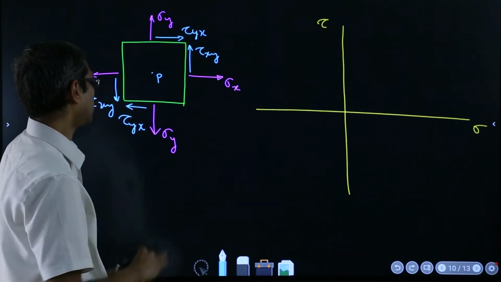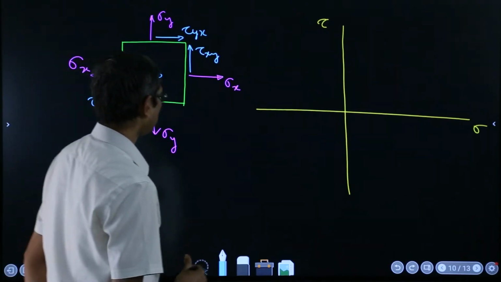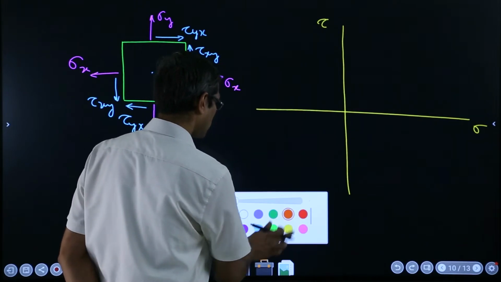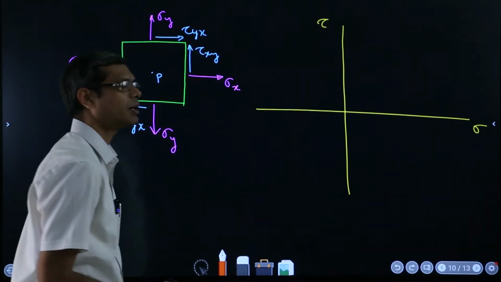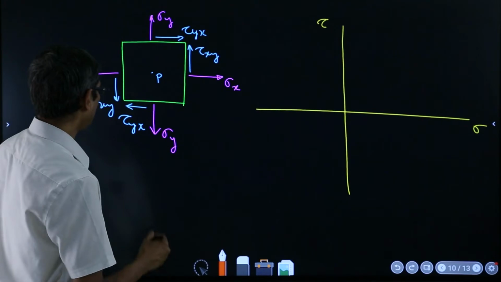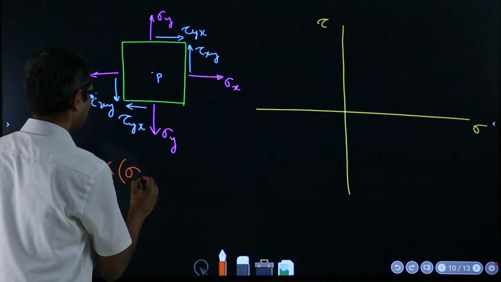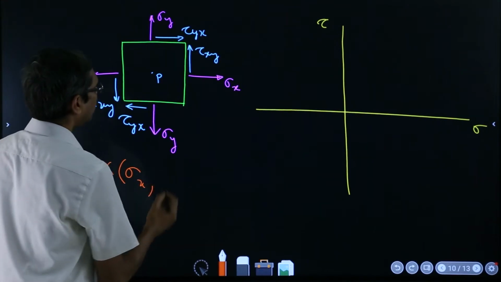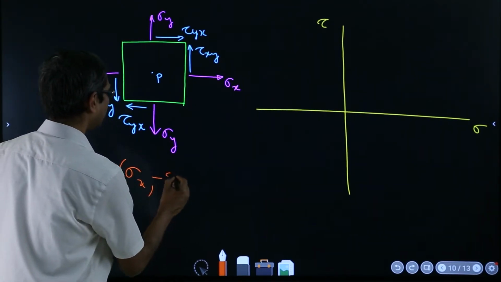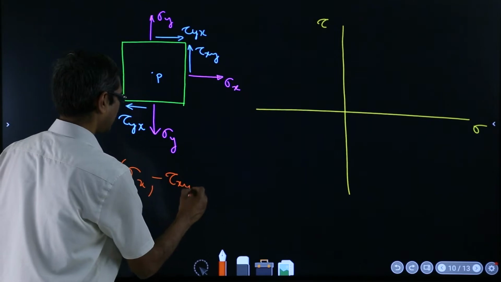If this is the case, then to start drawing, you take a point x whose x coordinate is sigma x and y coordinate is negative tau xy.